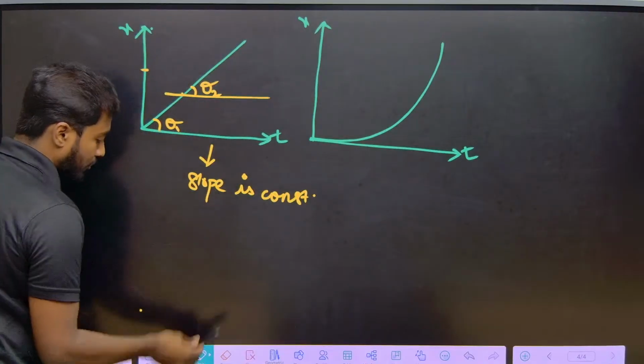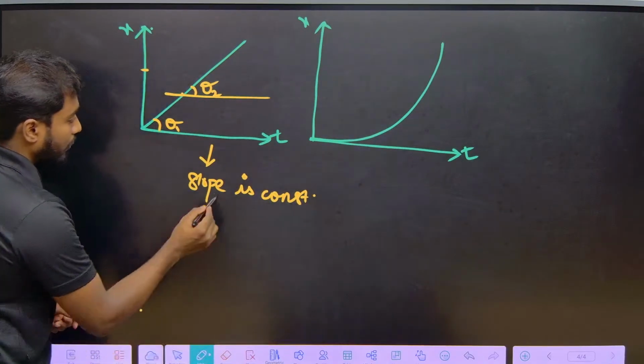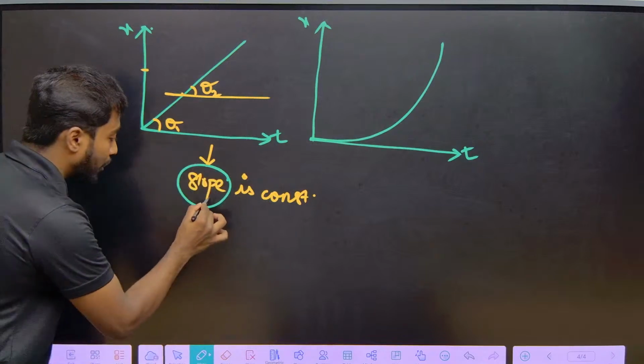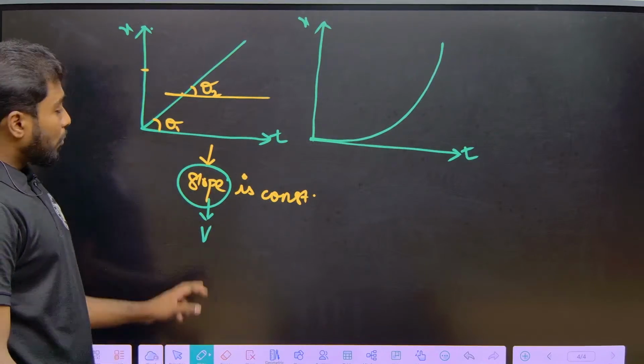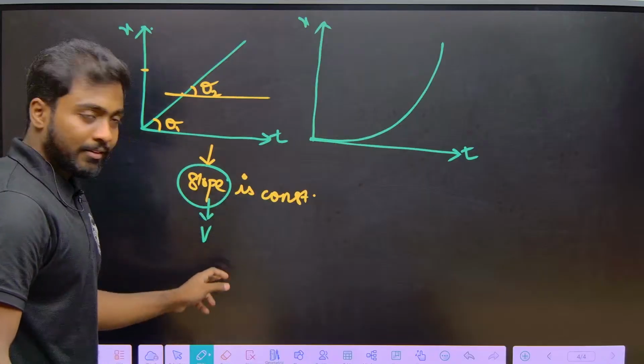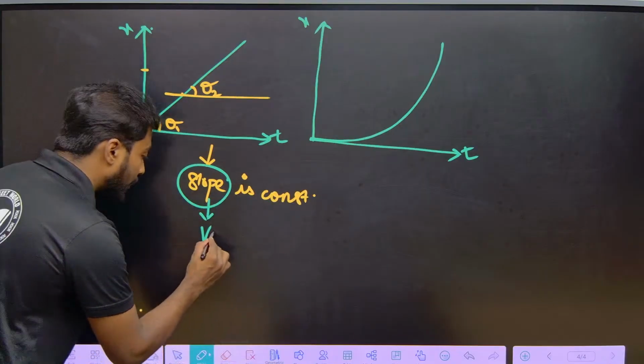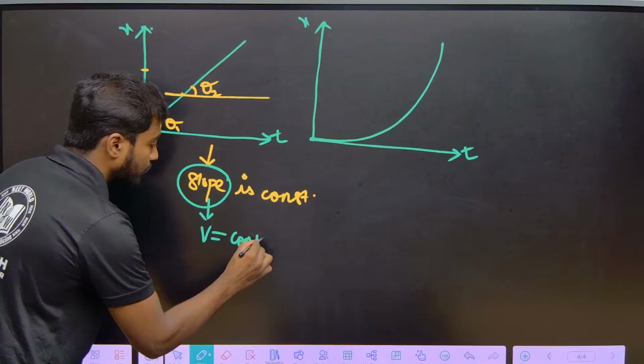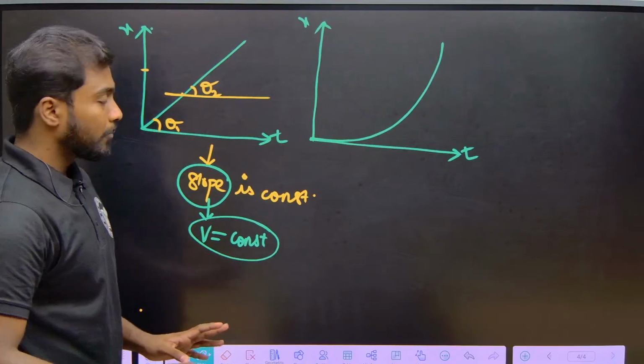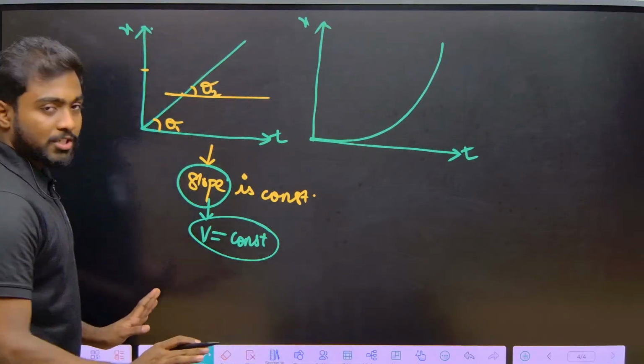Take a note of this. x-t graphs give velocity. So slope is constant, and slope is nothing but velocity, then velocity is constant. I hope you got it, right? So velocity constant, that's it.